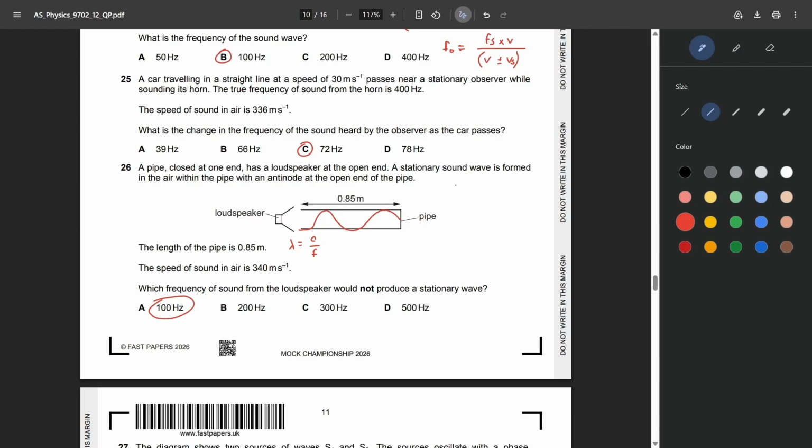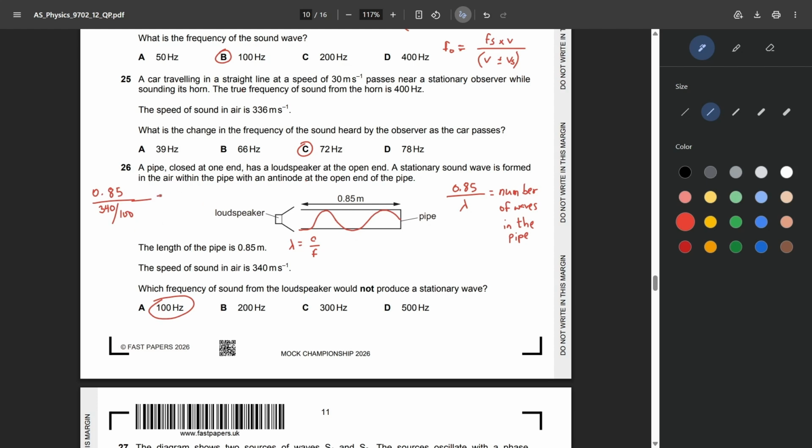So 0.85, which is the length of the pipe, divided by lambda gives us the number of waves inside the pipe. So 0.85 divided by C, which is the speed of sound, 340, divided by F, the frequency, 100, gives us the number of waves inside this pipe.